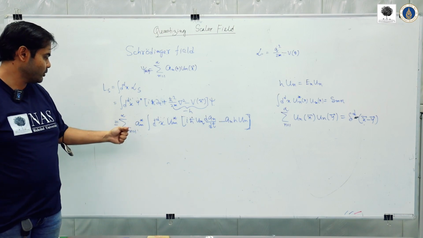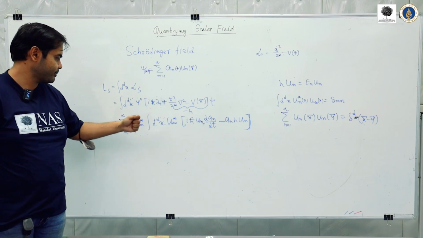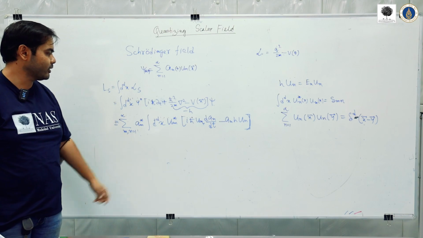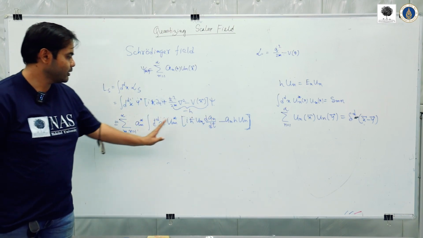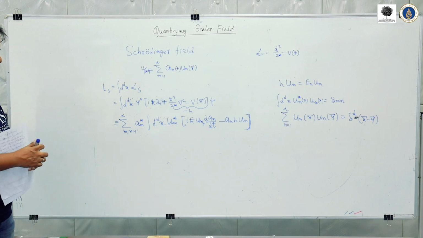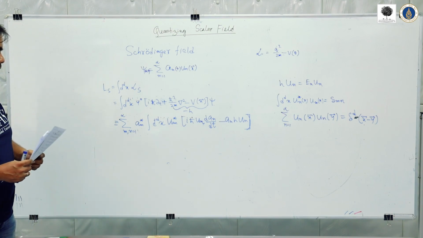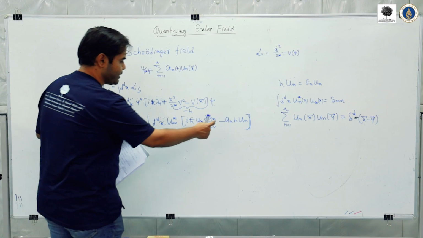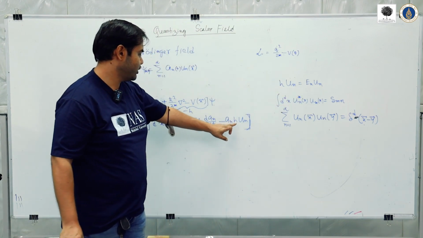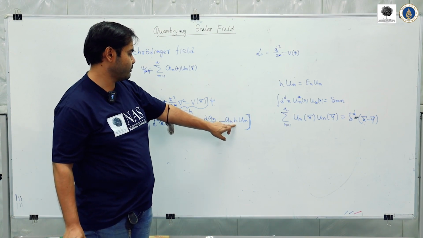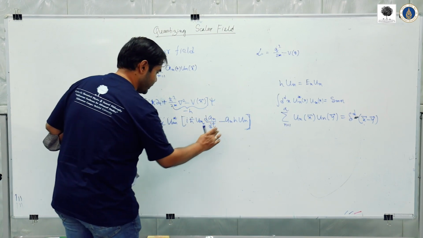The expansion terms for psi star will not get affected by the operators. You just follow that consistently. Then, h acting on un, you replace from this eigenvalue equation, so it will be just a constant value En standing in here.